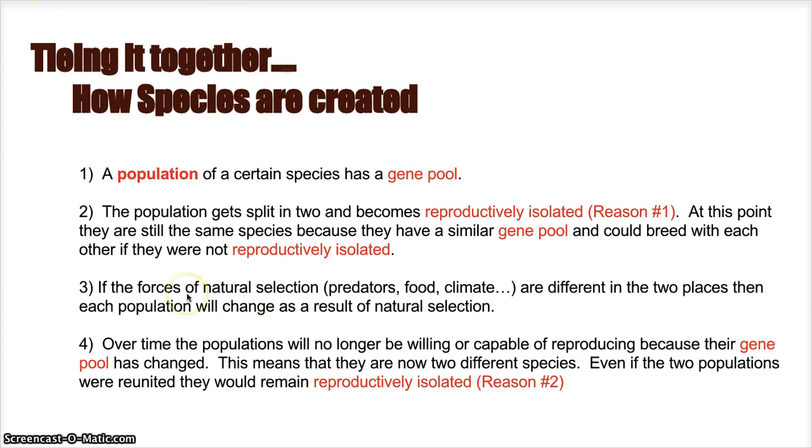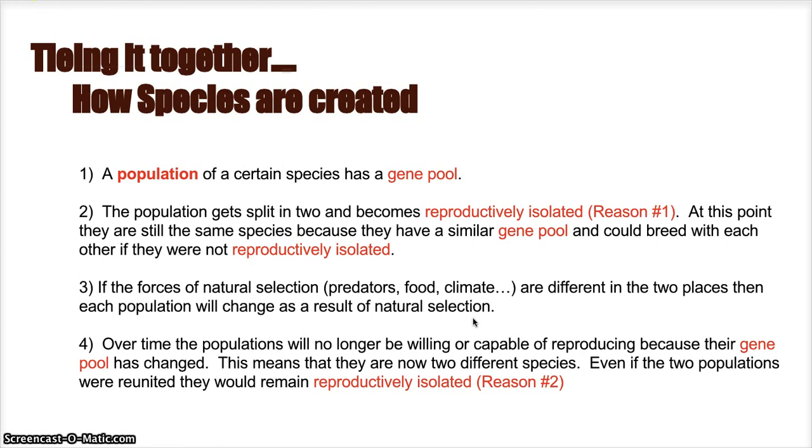Now, here's where we get into the species creation. Once the two populations have been split and become reproductively isolated, if natural selection, so the predators or the food or the climate, is different in those two places, then each of those populations is going to change as a result of natural selection. So natural selection will favor certain traits in one of the populations and a different trait in other populations.